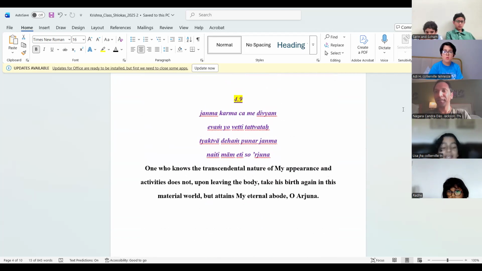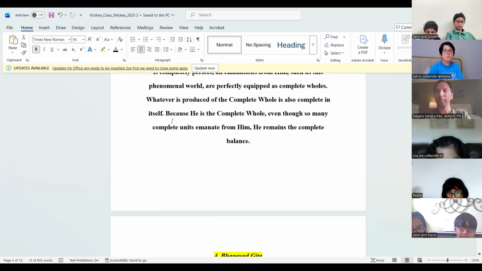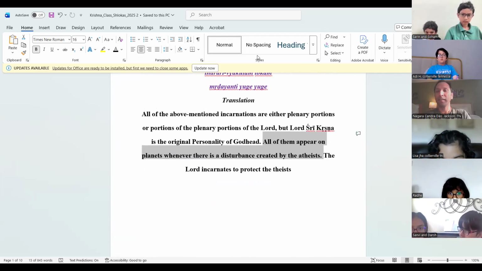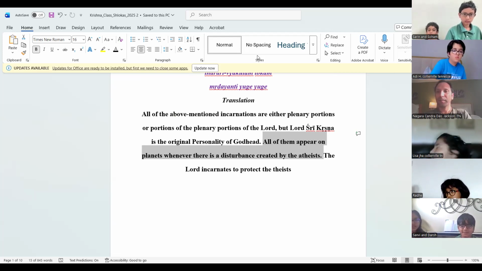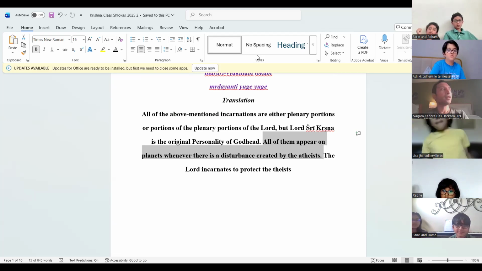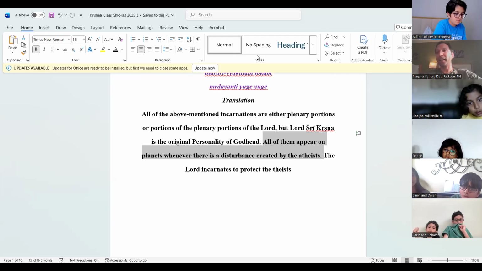Now, does anyone know which other shloka talks about Krishna coming when there are problems in this world or disturbances created by atheists? Adi, you want to try? Go ahead. Yada yada hi dharmasya. Yes, the yada yada and the next one. So whenever there is a fall of religion, Krishna says that is when I appear.